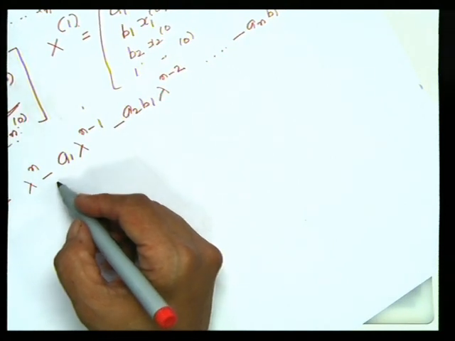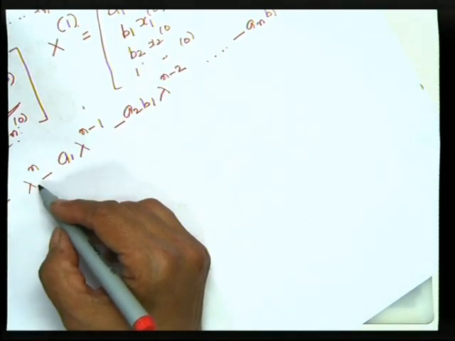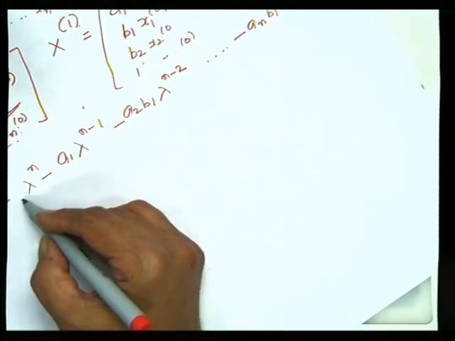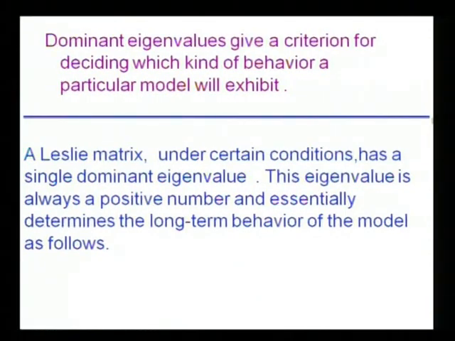Any eigenvalue of L is a root of this equation. So, lambda will be a root of this equation if and only if p of lambda equals 0. That is, if lambda raised to n equals the remaining polynomial on the right hand side.